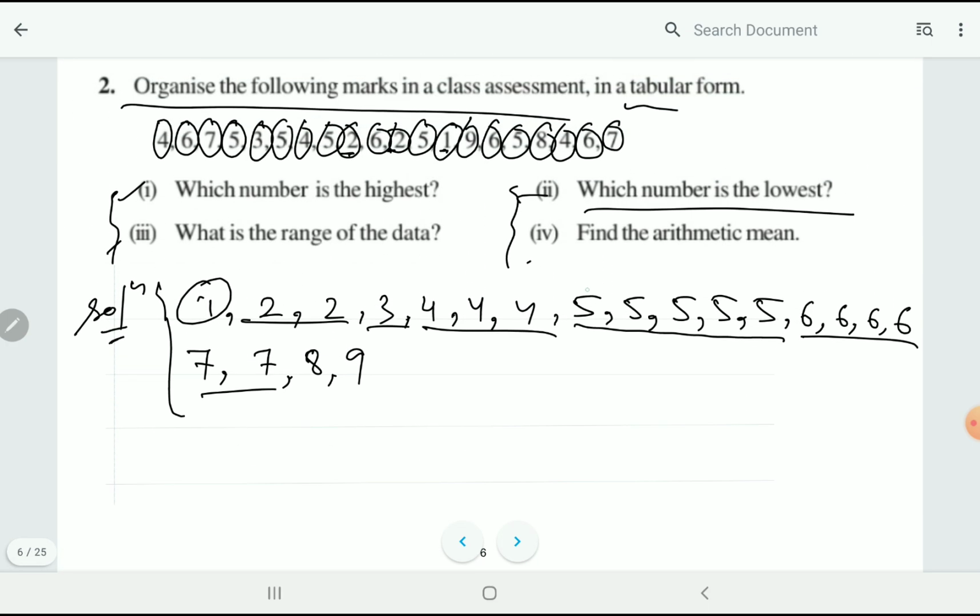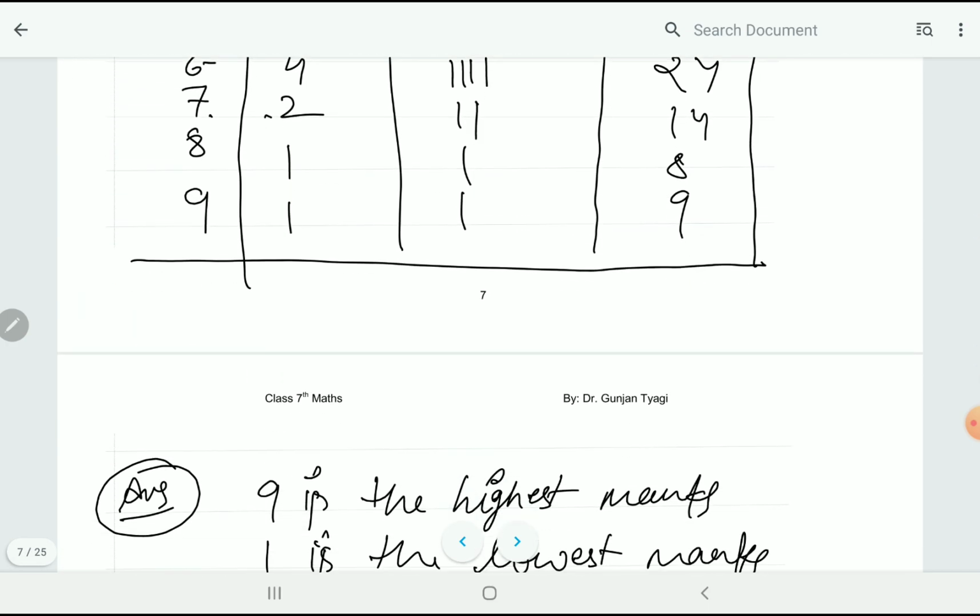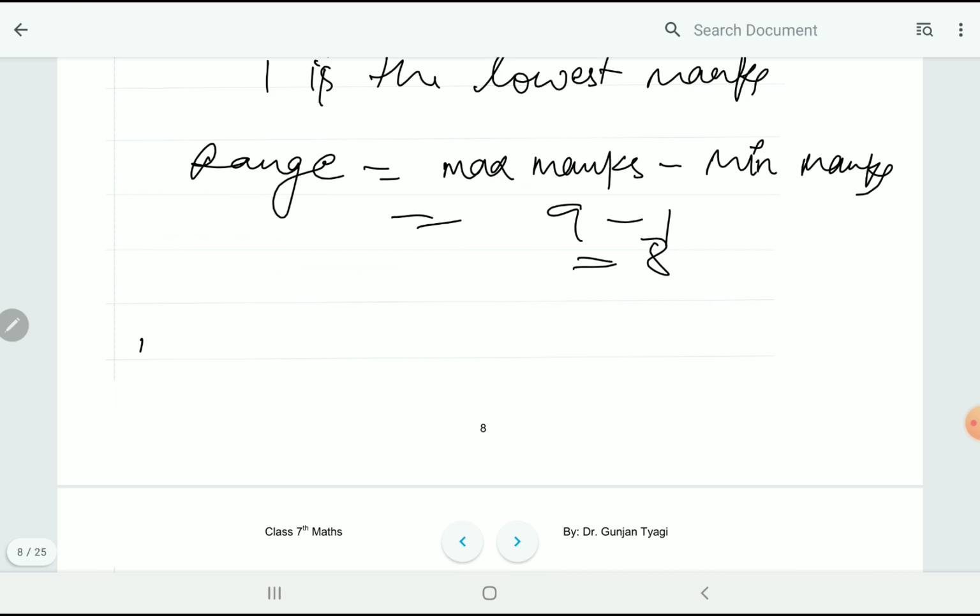In the last part we have to find the arithmetic mean. So arithmetic mean is basically the mean. What is the formula?